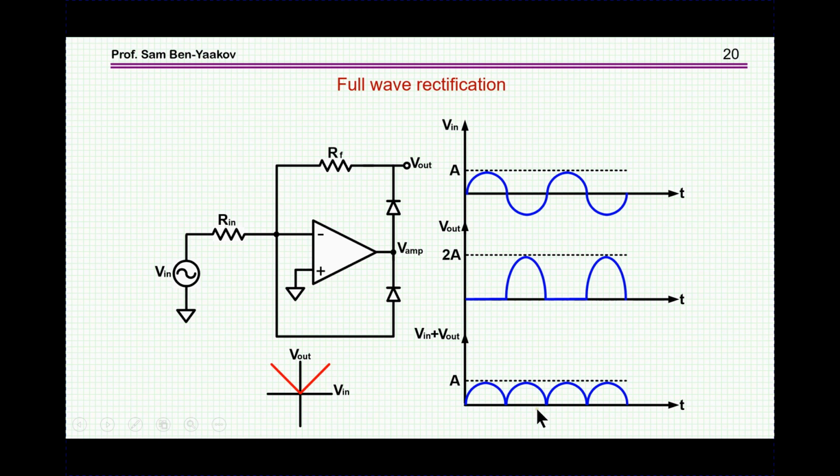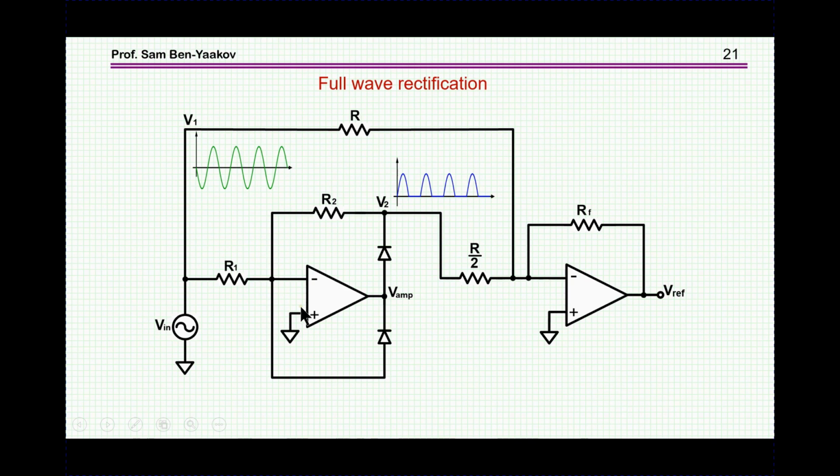So this is an idea that has been used a lot in order to realize a full wave rectifier, and I'm showing it here. So we have a half-wave rectifier. Here we are producing half-wave rectification, and then we are adding it to the input via a summing amplifier.